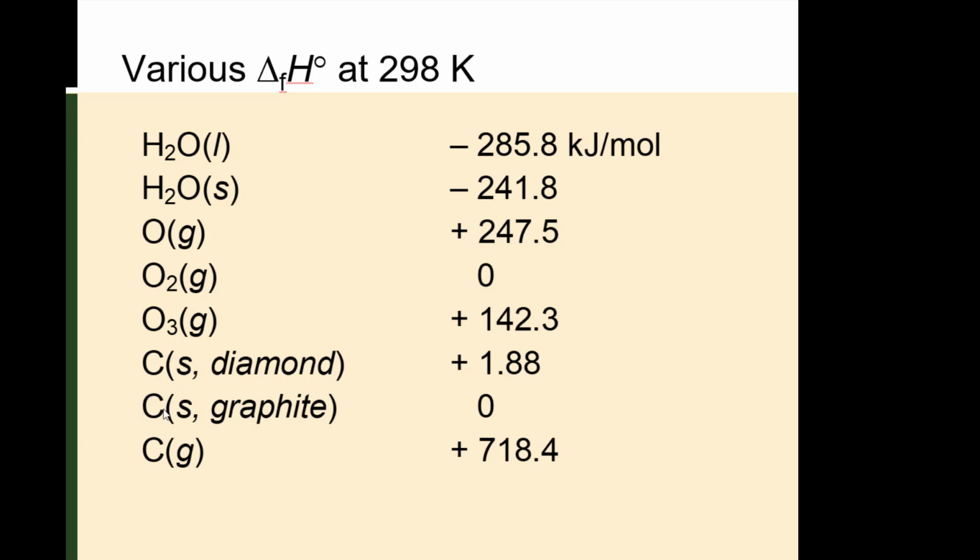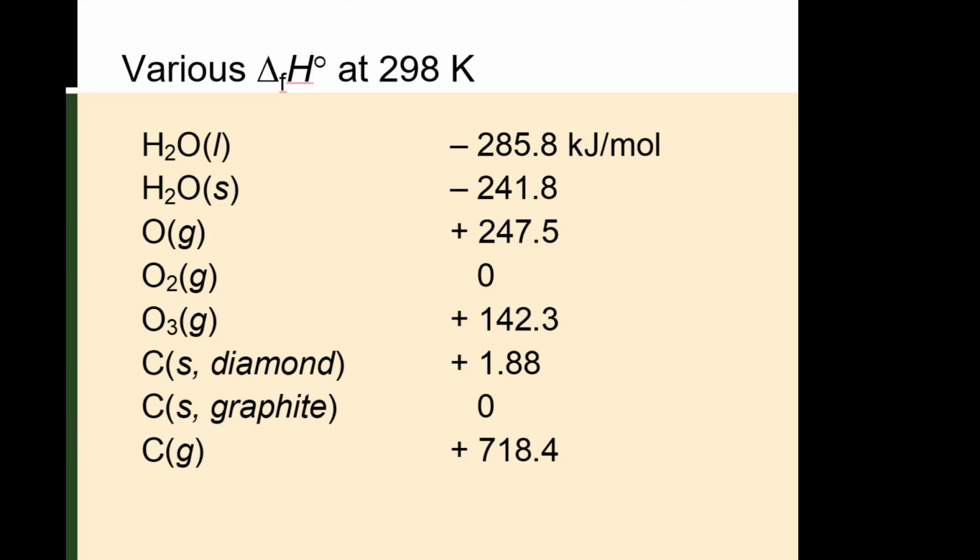Carbon in its standard state, which is solid in graphite form, is 0. Now carbon as a gas is not standard state, so yes, there is an enthalpy of formation for that. Carbon as a diamond: it takes a lot of pressure to make carbon go from graphite to diamond. So carbon as a diamond is not in its standard state, so it is not 0. But elements in a standard state are 0.